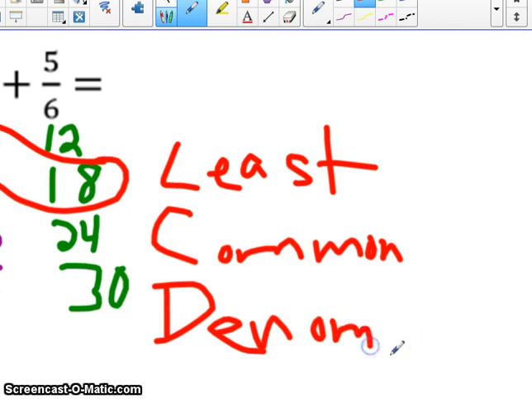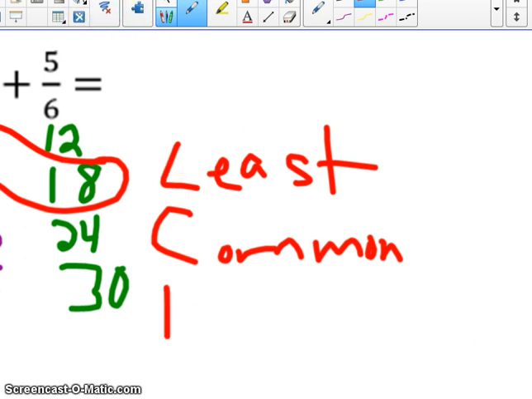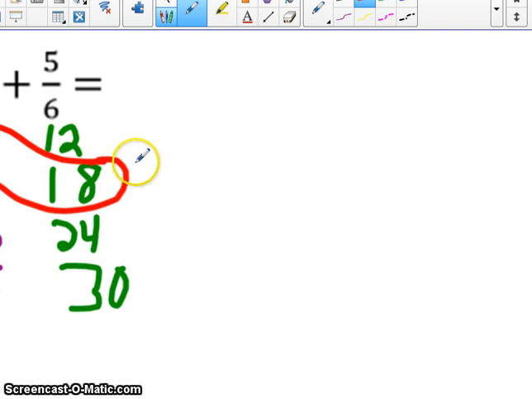My real handwriting isn't all that much better than this, but I'm a fantastic typer. Least common denominator, or LCD. And so that's the LCD.